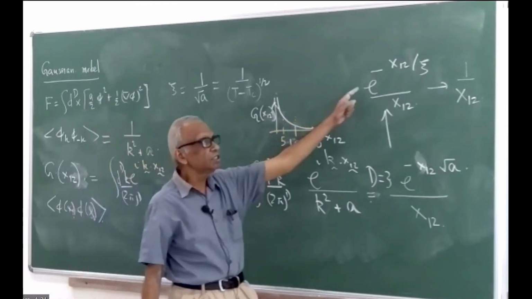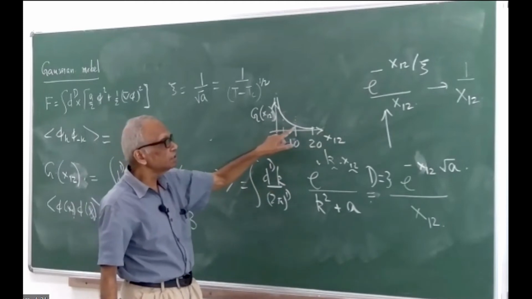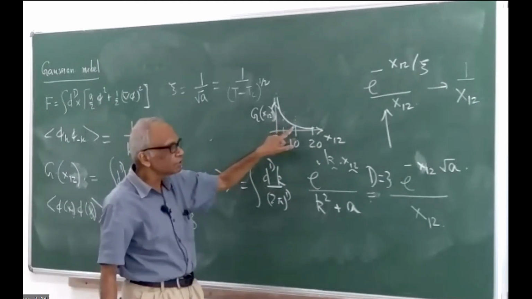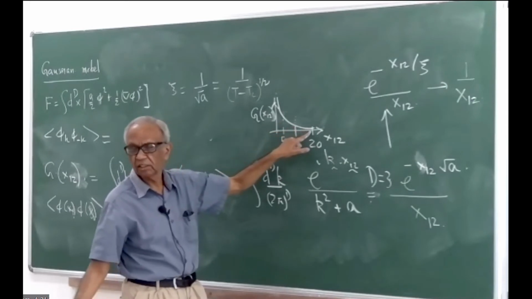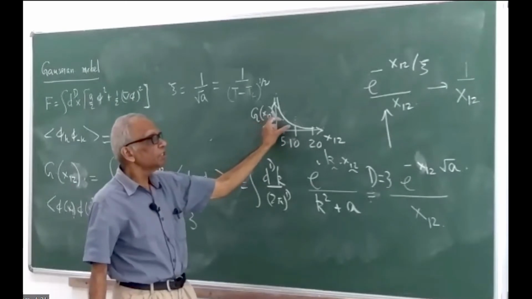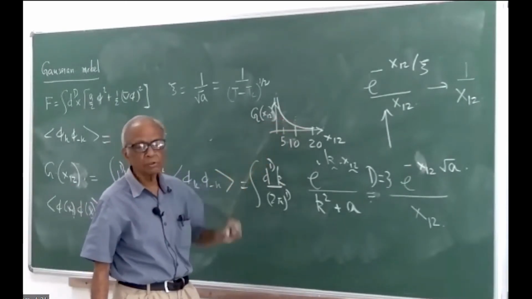And it is e to the power, so you can imagine that if at 5 it was something, 10 it may still be something, but at 20 it is nothing. So the drop over here is e to the power minus 5. The drop over here is e to the power minus 10.